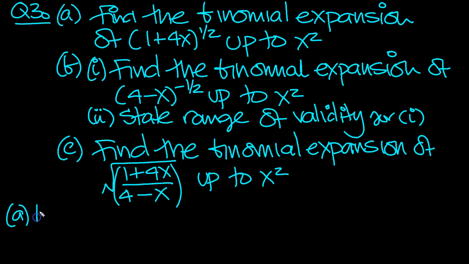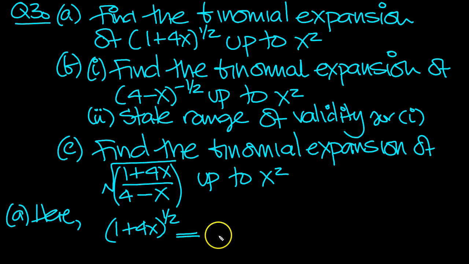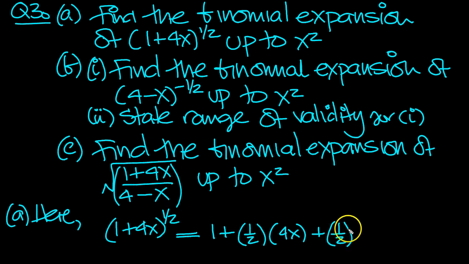Here, this (1 + 4x) to the half is equal to, and let's read it out then, 1 + nx, so it's a half, times x, plus n(n − 1) times x squared over 2 factorial, plus dot dot dot.